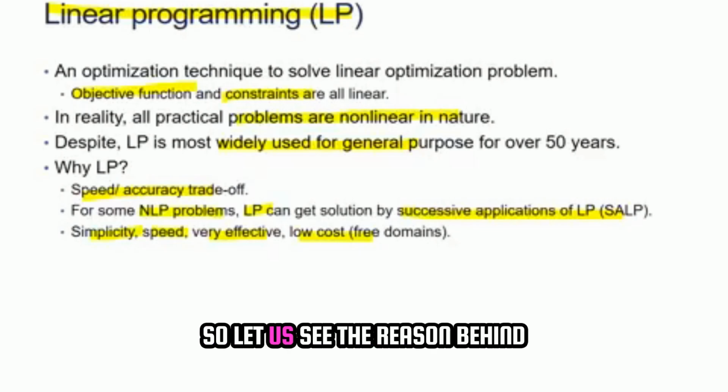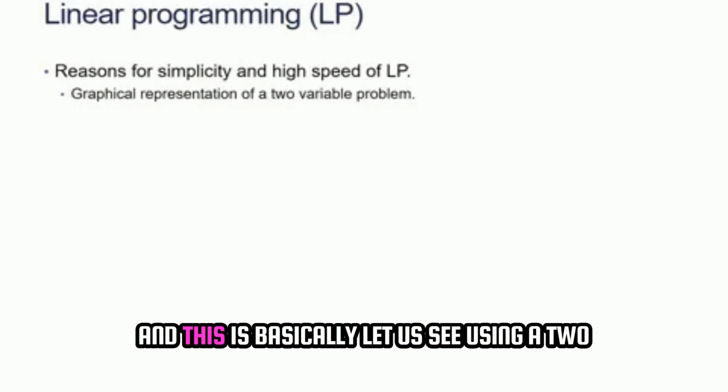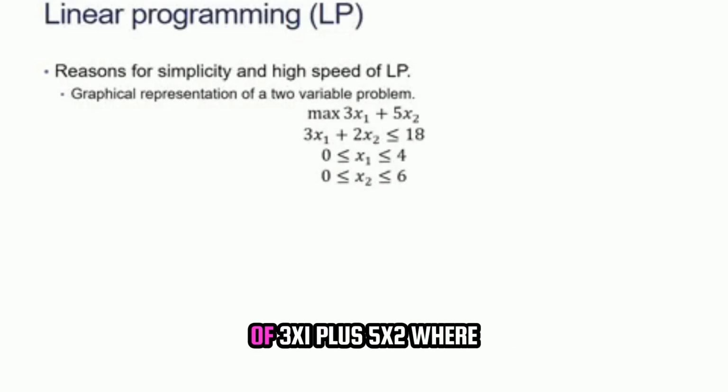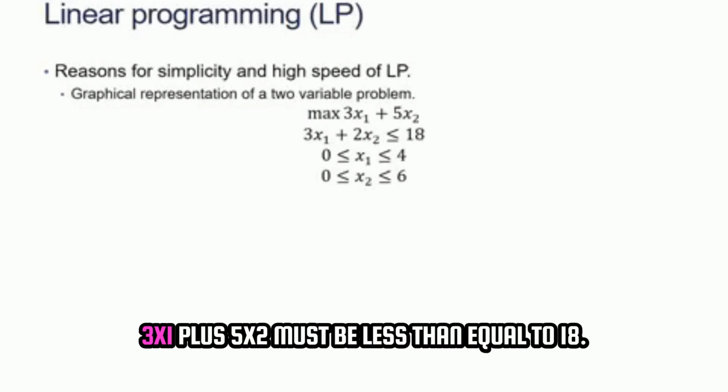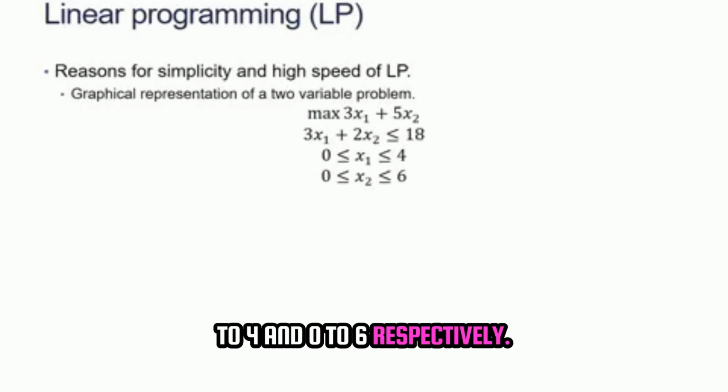Right. So let us see the reason behind the simplicity and high speed of LP. Let us see this using a two variable problem, which is maximization of 3x1 plus 5x2, where 3x1 plus 2x2 must be less than or equal to 18, and x1 and x2 can vary between 0 to 4 and 0 to 6 respectively.